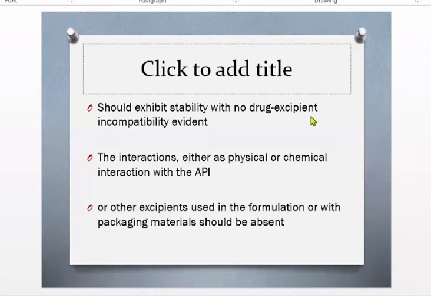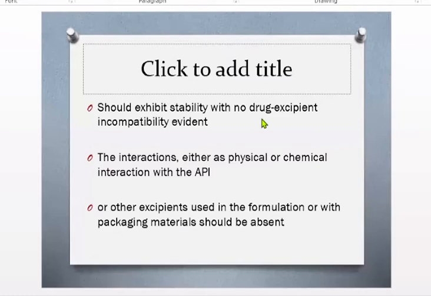Also, no drug excipient incompatibility evident. So what you are looking at is, you do not want an excipient that is reacting with the active pharmaceutical ingredient. So this excipient should be free of any interactions with the drug.